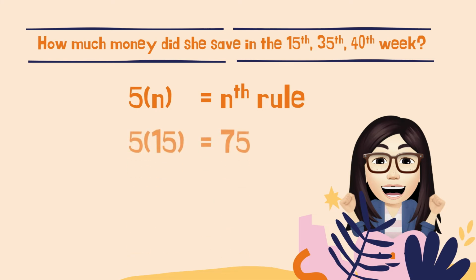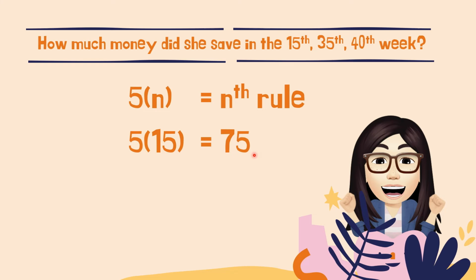So, replace n by 15. We are looking for the 15th term. So, we are going to multiply 5 by 15 and that is 75. It means she saved 75 pesos in the 15th week.